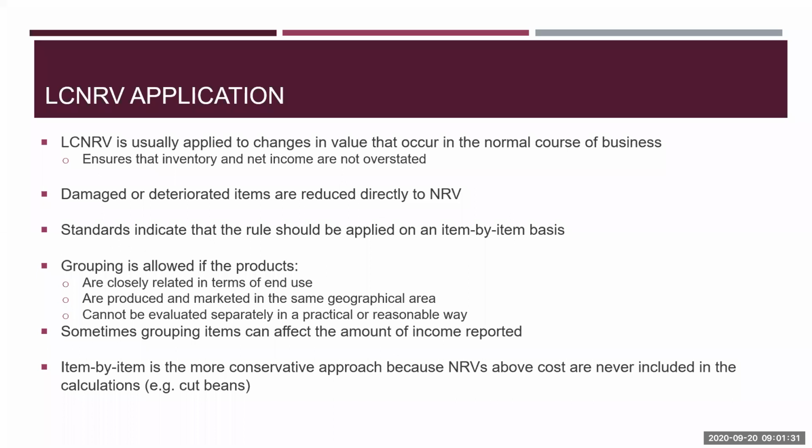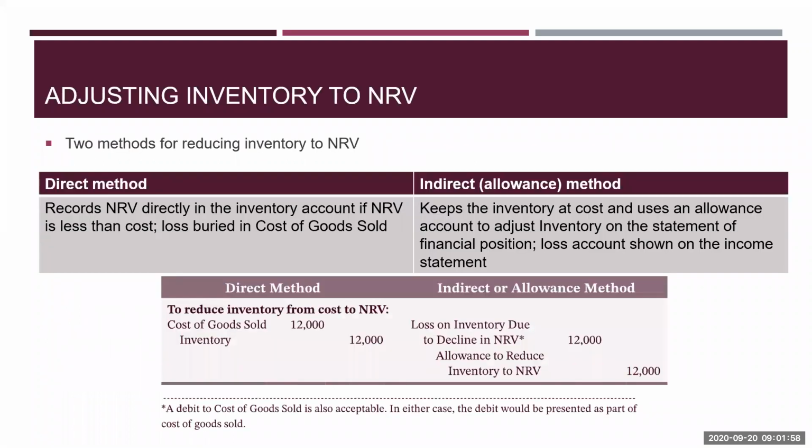Okay. Now, the grouping is allowed for the products if they are closely related in terms of the end use, are produced and marketed in the same geographical area, and they cannot be evaluated separately in practical or reasonable ways. And sometimes grouping can affect the amount of the income reported as well. Now, generally speaking, the LCNRV rule has to be applied on an item by item basis.